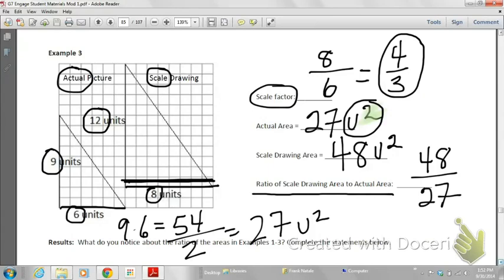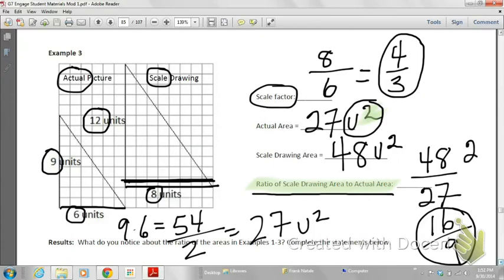But eventually, hopefully, many of you got to the fact that both of these are divisible by 3, and therefore the answer here would be 16 over 9. 16 ninths.